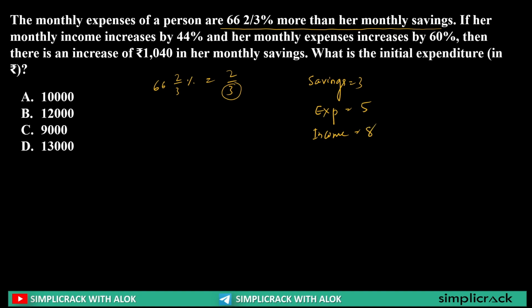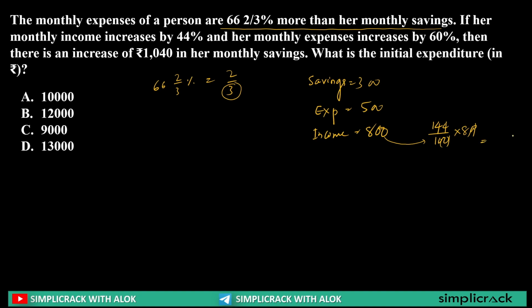Now if her monthly income increases by 44% and her monthly expenses increase by 60%, what will it be? So let's take, this is 800, this is 500, this is 300. Now this is increased by 44%. That means what? 144 by 100 into 800. 0 0 will cross out.